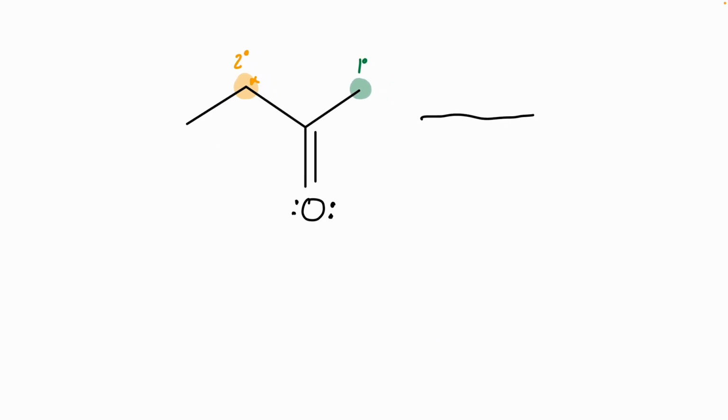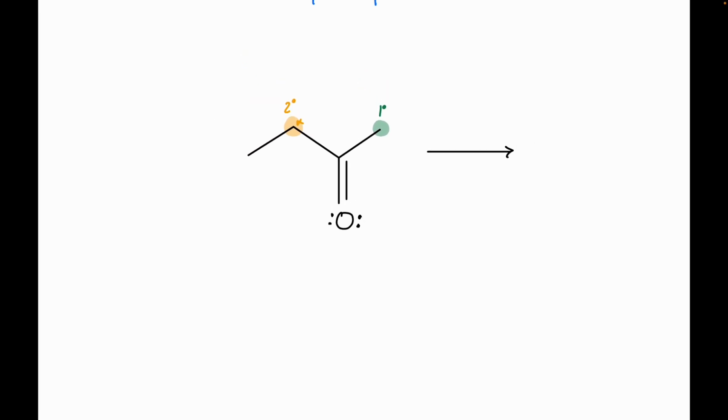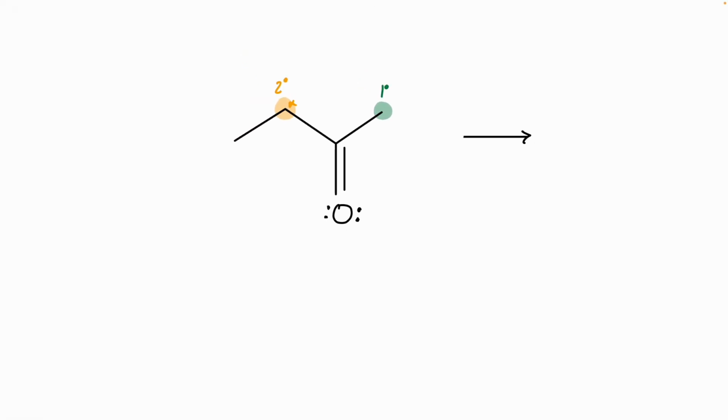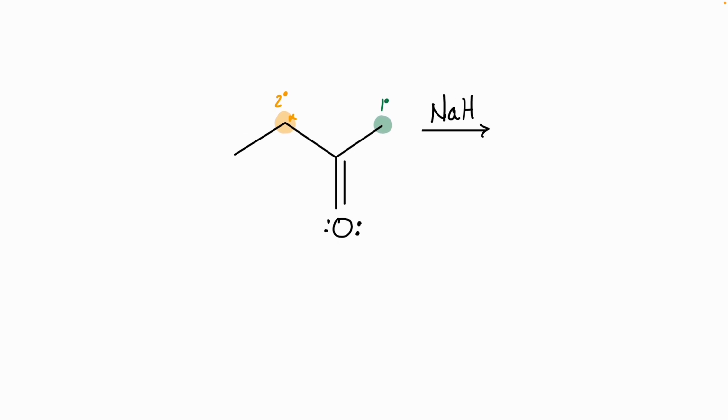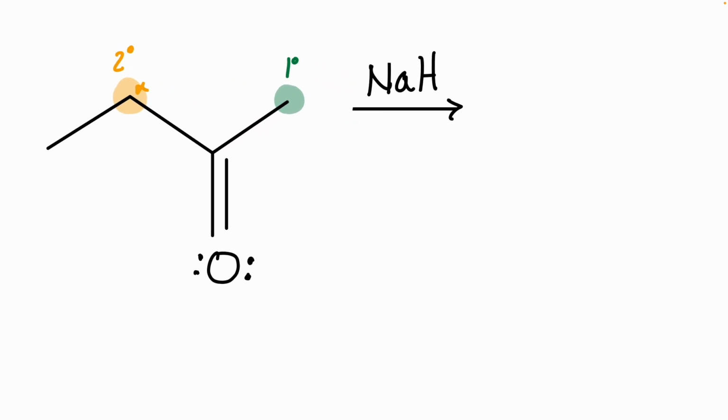We're going to use a super strong base, something even stronger than a hydroxide or an alkoxide. We're going to use that sodium hydride that we've seen before. Anytime I see sodium, I'm like, that thing's not doing anything. I erase it and replace it with a negative charge.